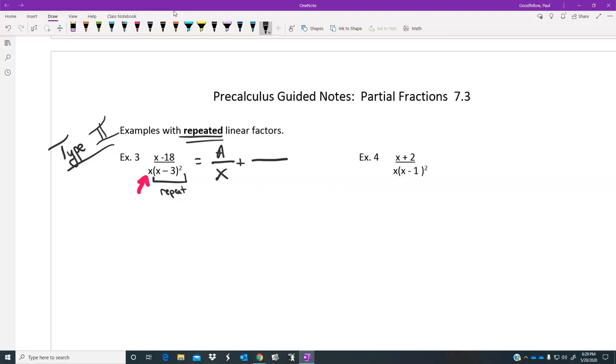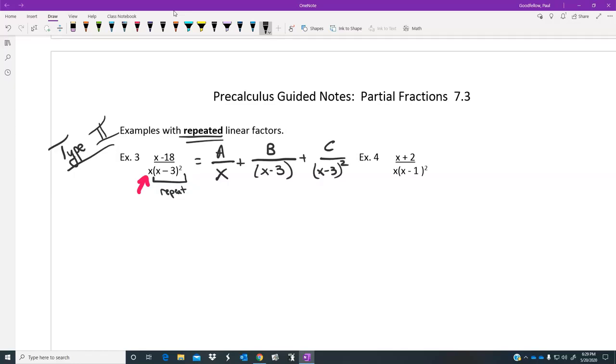So it dictates that you need to think about all the possible ways that one can be done, and in all their descending possibilities. So this would be B over x minus 3 and C over x minus 3 quantity squared.